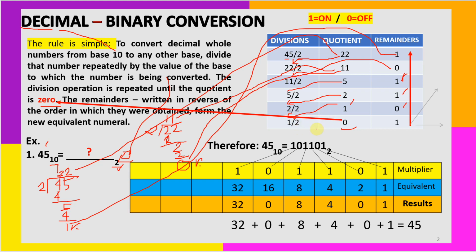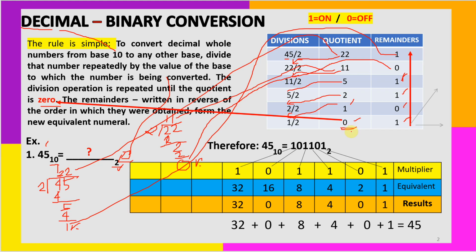Next, you copy the 1 here. 1 divided by 2 is 0. And the remainder is 1. Okay. Do not be confused by the last portion, since all the numbers you are going to convert from decimal to binary will end on 1 divided by 2, which is 0.